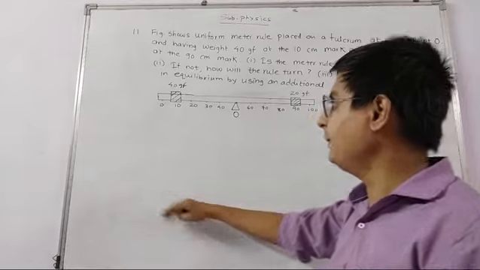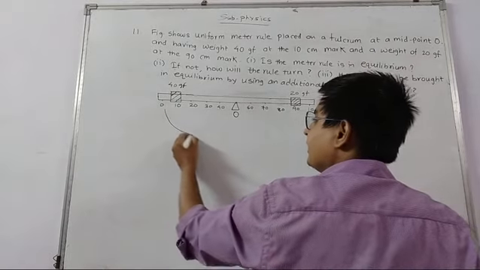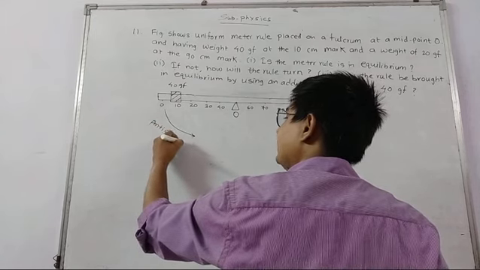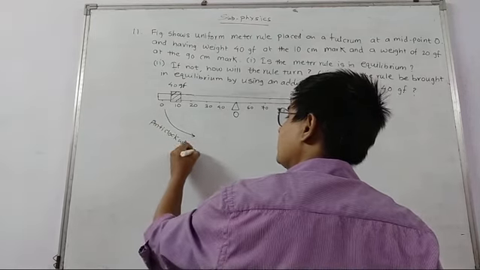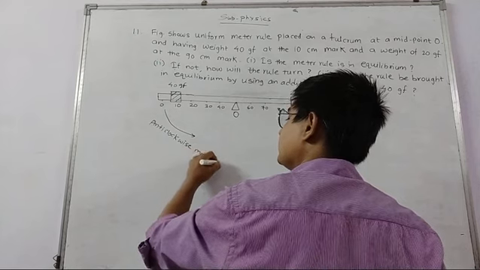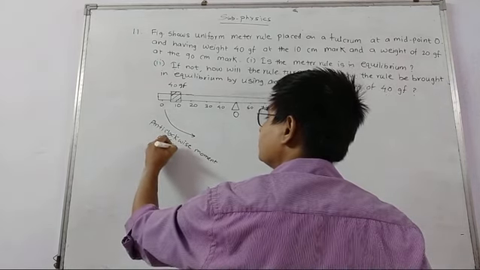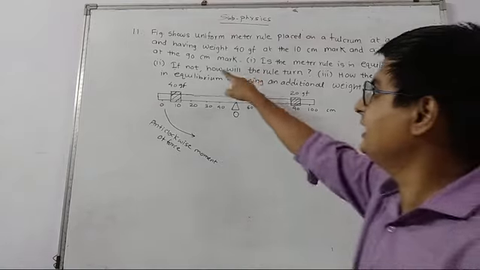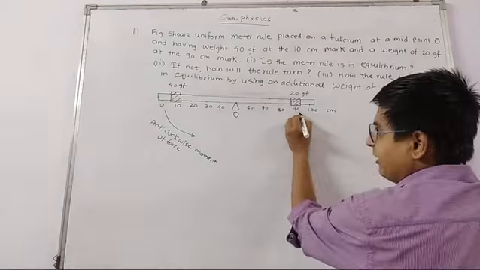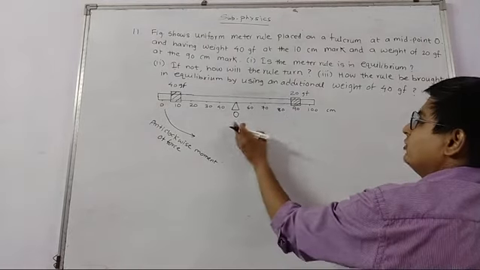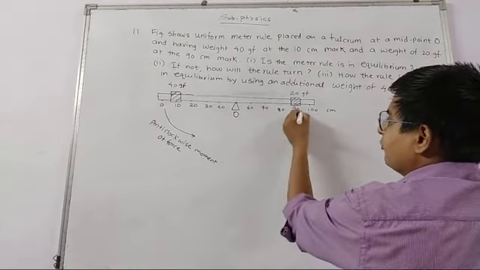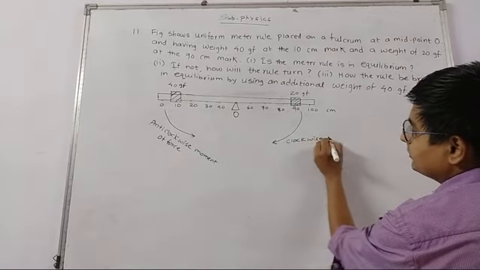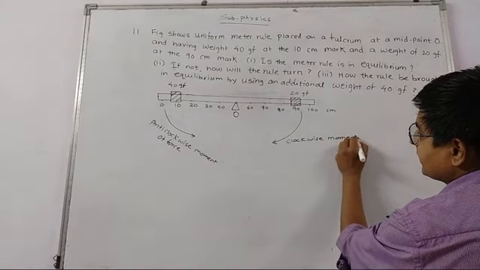Obviously this will be producing anti-clockwise movement of force, and there is another weight 20 GF at 90 mark, on the right side of the fixed point, which will be producing clockwise movement of force.